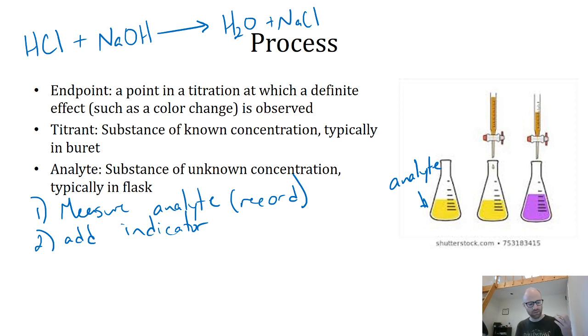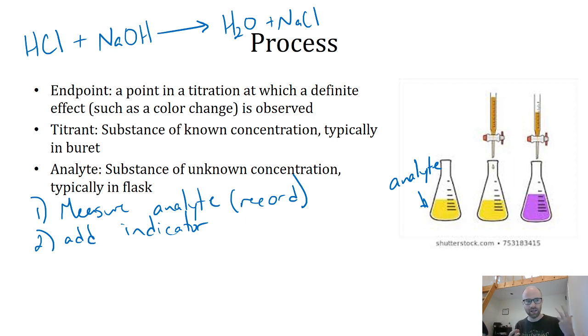You mix them and there's too much HCl and it's still acidic after they've reacted because there's extra HCl. You pour them together and there's too much sodium hydroxide and the solution is now basic because there's extra sodium hydroxide left over. Or if you did it just right, they perfectly cancel out and you're neutral.